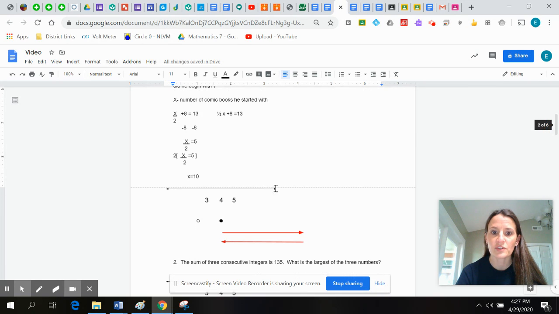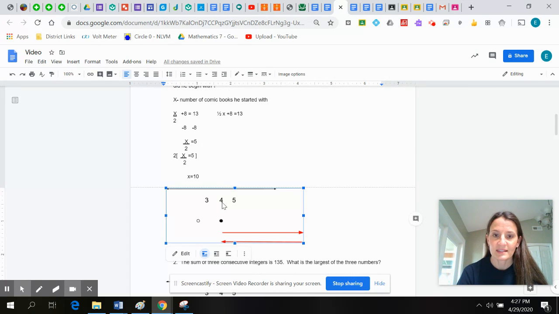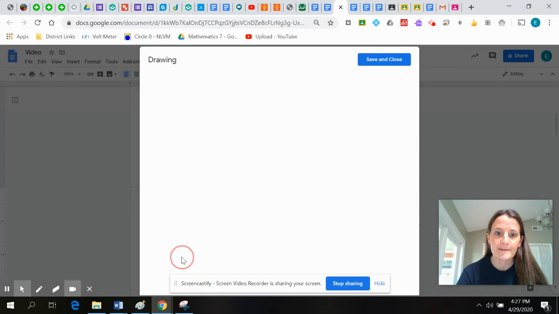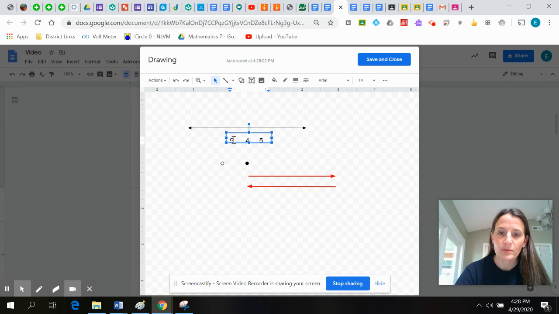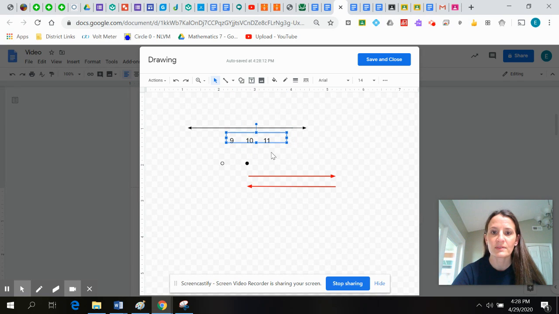We have one solution. So I made this a text box for you guys. Let's edit it. We have one solution. That would be 10. So I want a number less than and one number greater than. So one number less than 10 is 9. We need 10 because 10 is our solution. And one number greater than 10. We have exactly one answer.